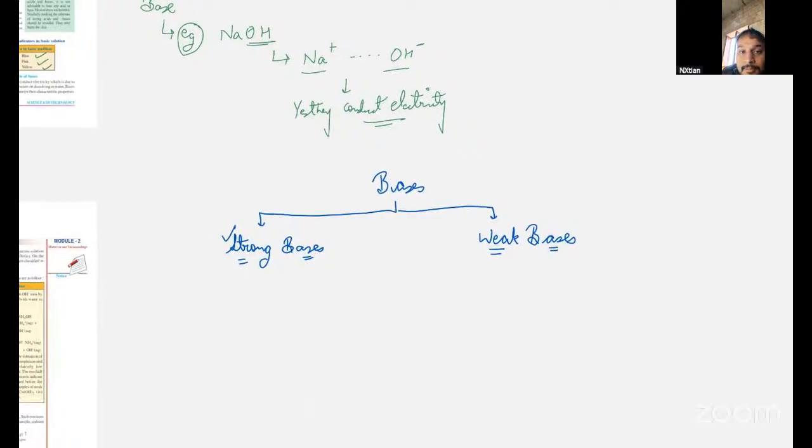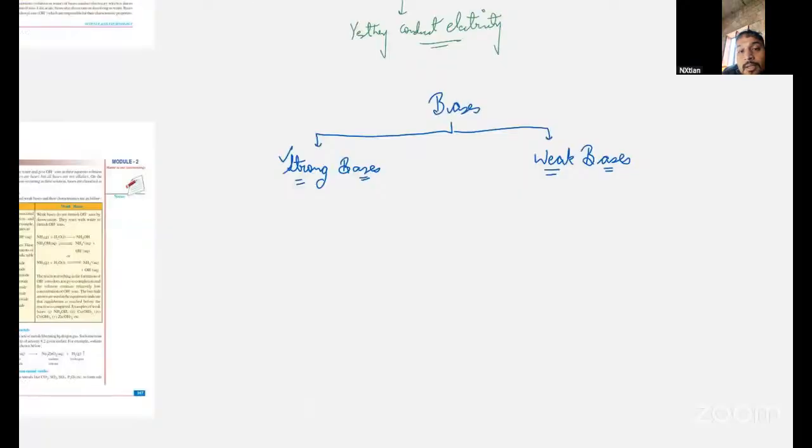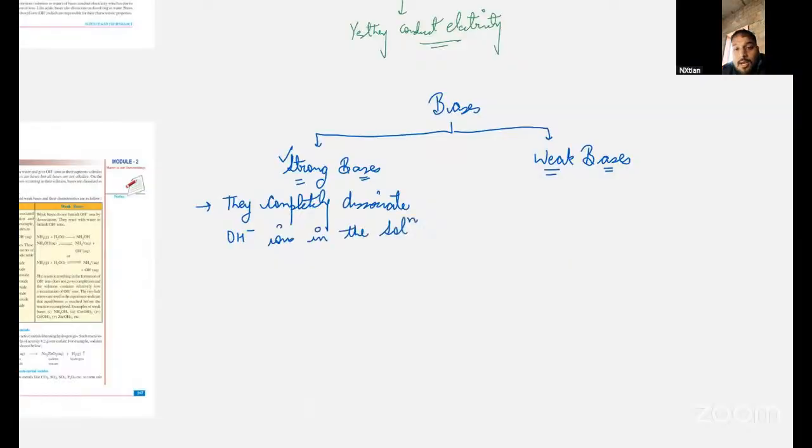Strong bases are the bases that completely dissociate OH minus ions in the solution. David and Miracle, turn on your camera. They completely dissociate OH minus ions in the solution.